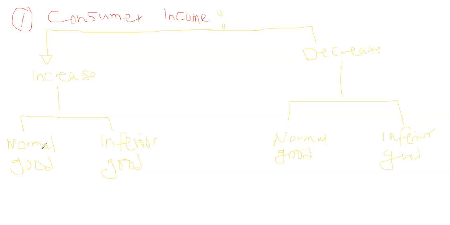This will be 1, 2, 3, 4. Understand? So we will look at scenario 1, scenario 2, scenario 3, and scenario 4. Let's call this one scenario 1, 2, 3.